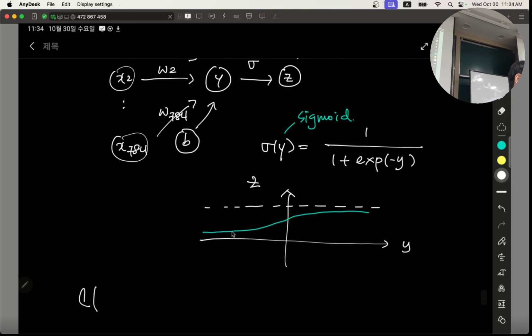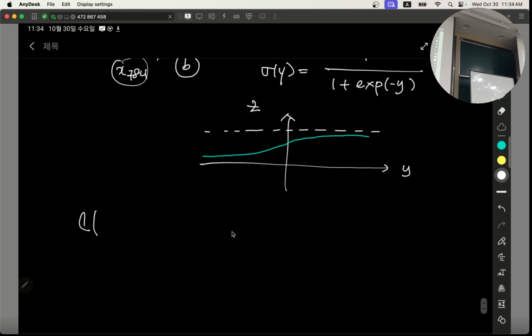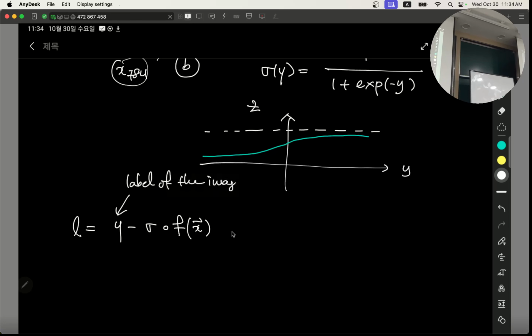So the loss function, let's just write it as L here, is what? You first take the composition of F and sigma, and you input your image here. The image is just the vector x. Then you take the label of the image x.